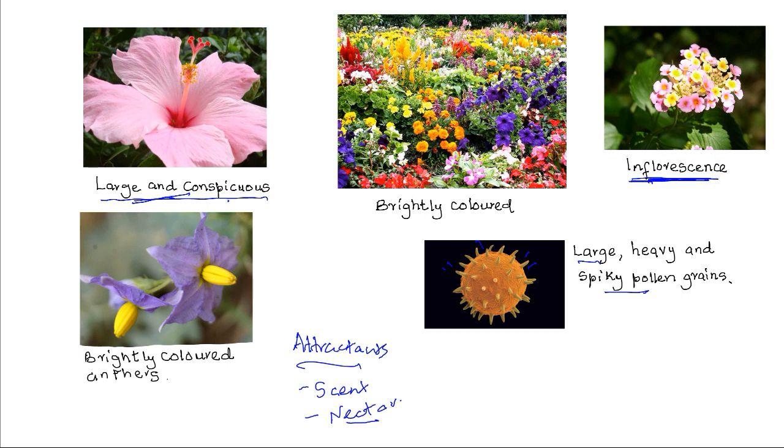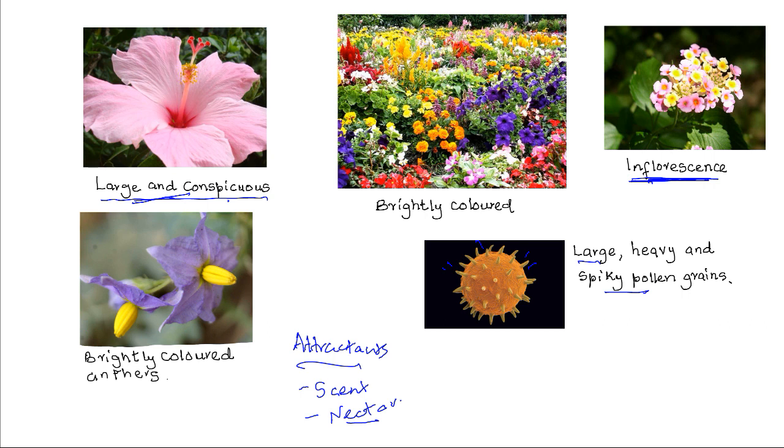Another structural feature is that the stigmas are relatively small, as the pollen is deposited accurately by the pollinating insect. That is, compared to the wind pollinated flowers, the stigma of insect pollinated flowers is relatively small.